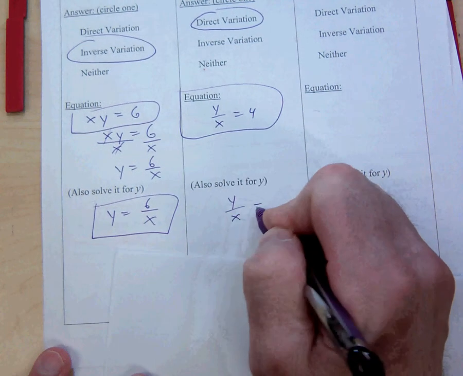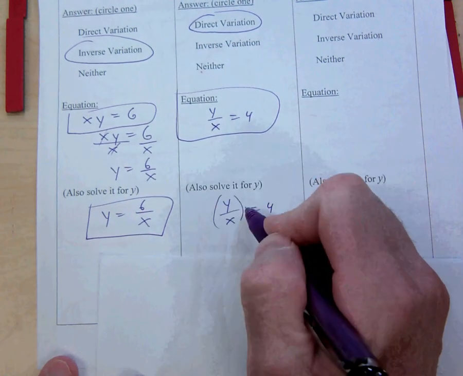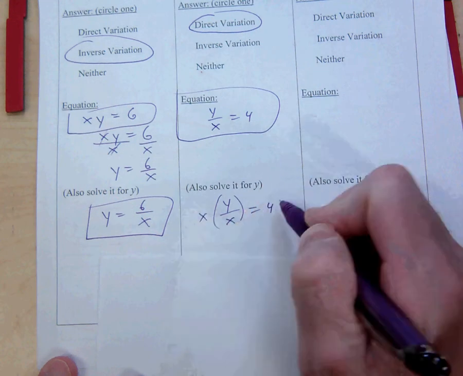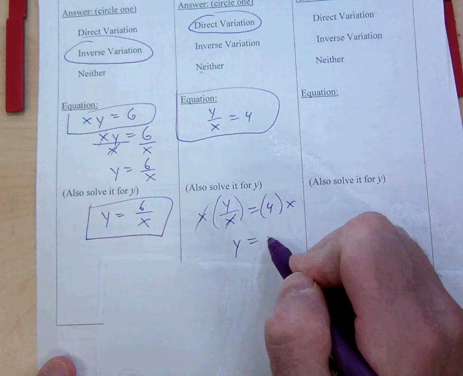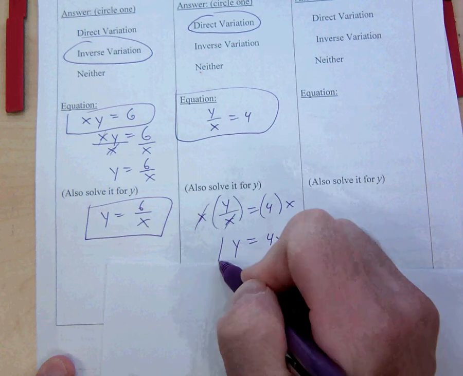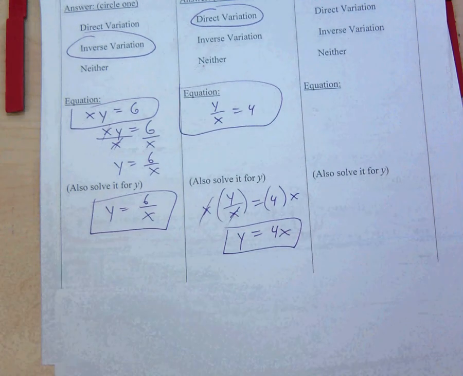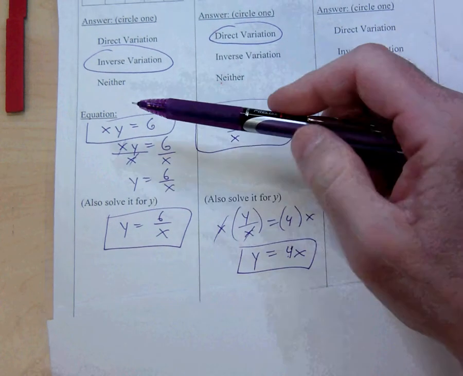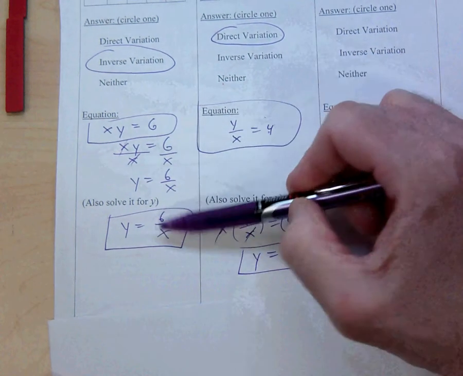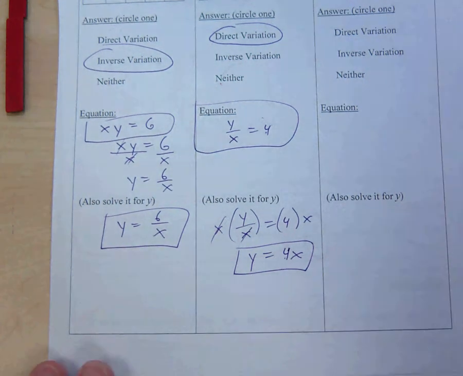You multiply by x on each side, yes? And that gives you y equals 4 times x, good. Okay? All right, so you should be able to recognize these two as being direct variation. You should be able to recognize these two as being inverse variation. Is that clear, guys? Okay, now let's do the next one.